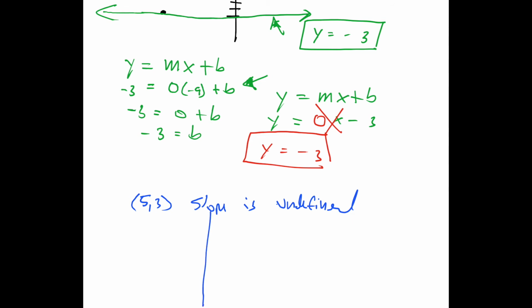Okay, so you plot it, go 1, 2, 3, 4, 5, 1, 2, 3. So here's the point 5, comma 3. Now, how do I draw my line? Undefined is up and down. So there's my ugly line.